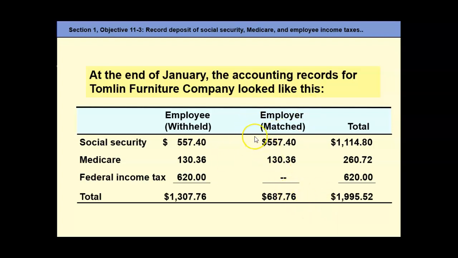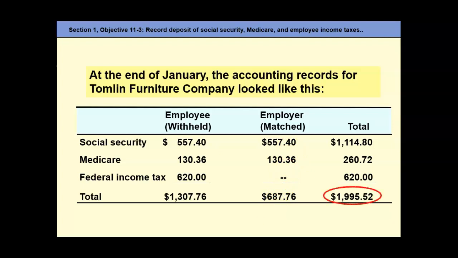They only match the FICA tax, which is Social Security taxes, and Medicare tax. The third column shows the total amount that is owed to the federal government. So when the taxes are paid, we're going to send them money for the deductions withheld from the employee's earnings, as well as the matching by the employer.